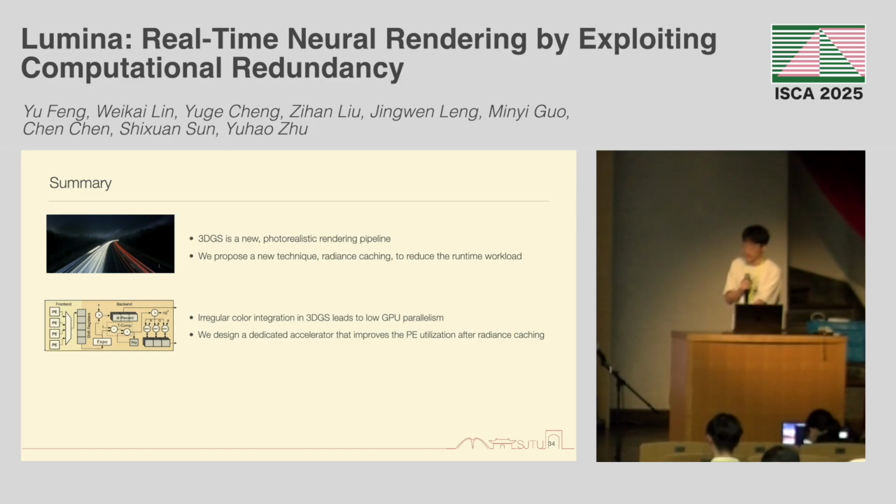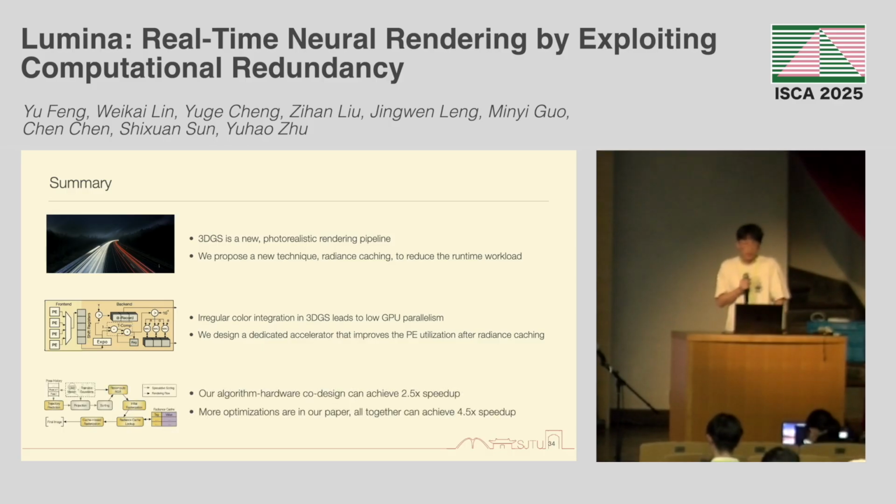So we designed a dedicated accelerator to address this issue. And lastly, our algorithm hardware co-design can achieve 2.5 times speed up, and with some more optimizations in our paper, which I didn't mention in this talk, altogether we can achieve 4.5 times speed up. And that will be the end of my talk, and I'm happy to answer any questions.